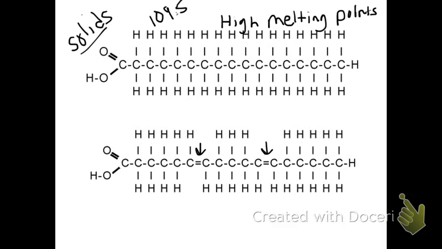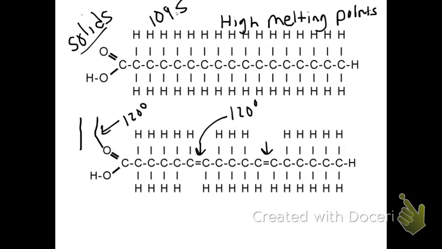So you can have a straight chain, or you can have a chain that has a kink in it, and the kink is where the double bond occurs. Because of that bending at the double bond, you actually have a 120-degree angle there, instead of 109.5.